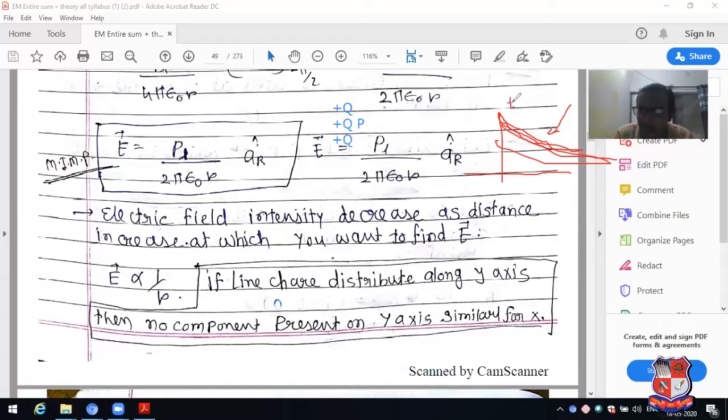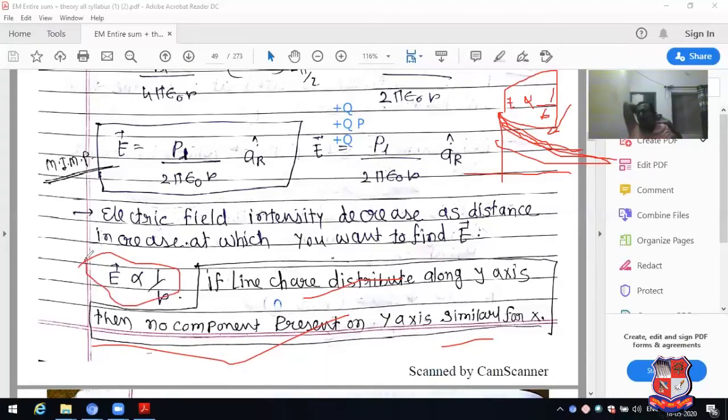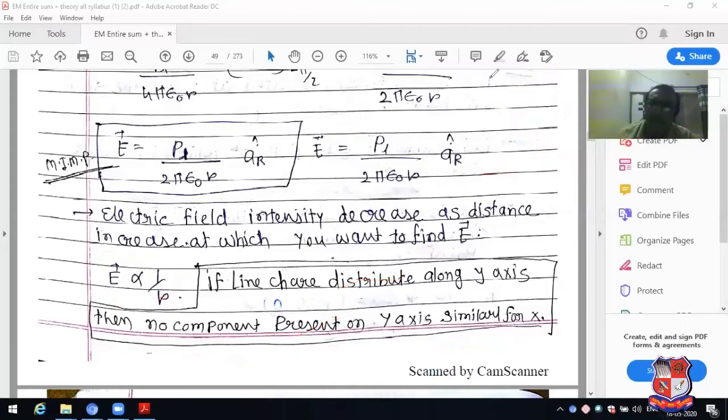E is inversely proportional to 1 upon R. If the line charge is distributed along the y-axis, then no component is present on the y-axis, similar for x. So it is inversely proportional to R. This is known as the electric field due to the infinite line charge: rho L divided by 2 pi epsilon 0 R in the direction of aR.